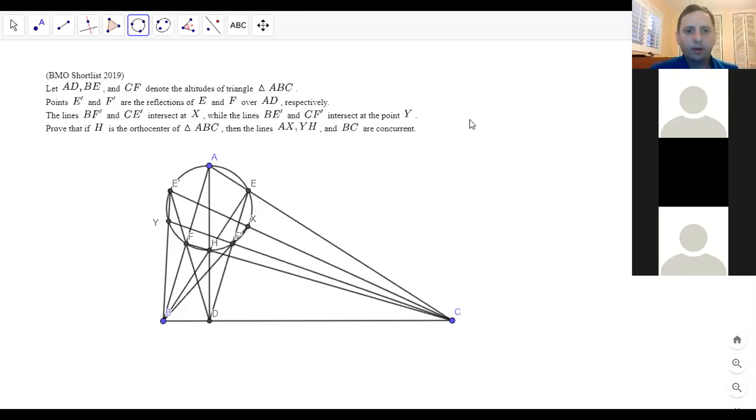Actually, it's trivial, I think, because the reflection of E over AH must also lie on the circle. So E prime and F prime, I know why they lie on the circle, but how do we know X and Y lie on the circle?